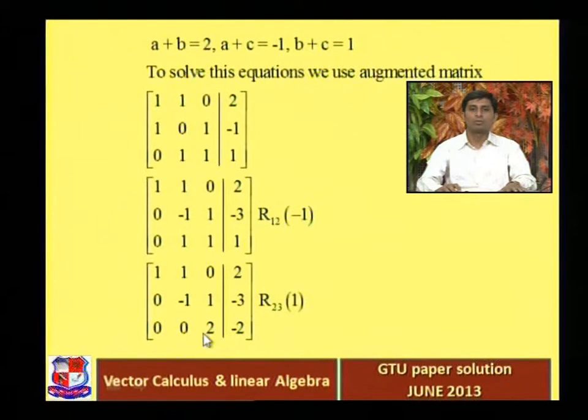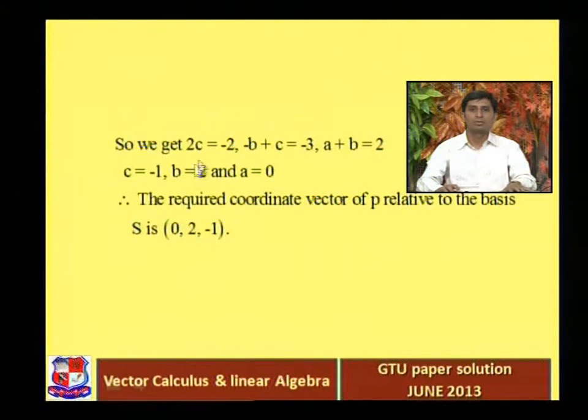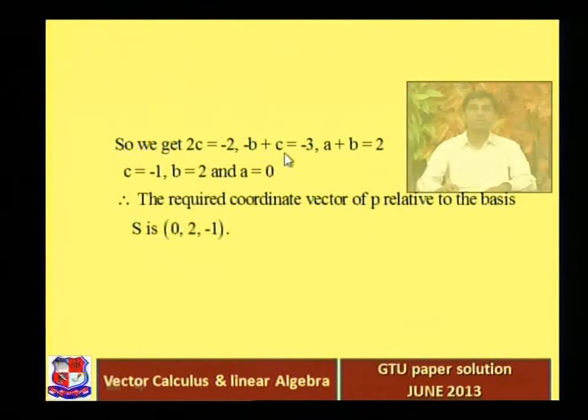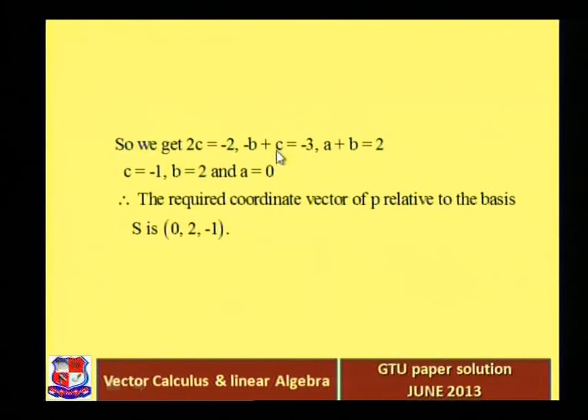And from the third row, 2c is equal to minus 2. So c is equal to minus 1. Put that value in the second equation: minus b plus c is equal to minus 3 and c is equal to minus 1, so you will get b is equal to minus 1 plus 3, that is equal to 2.